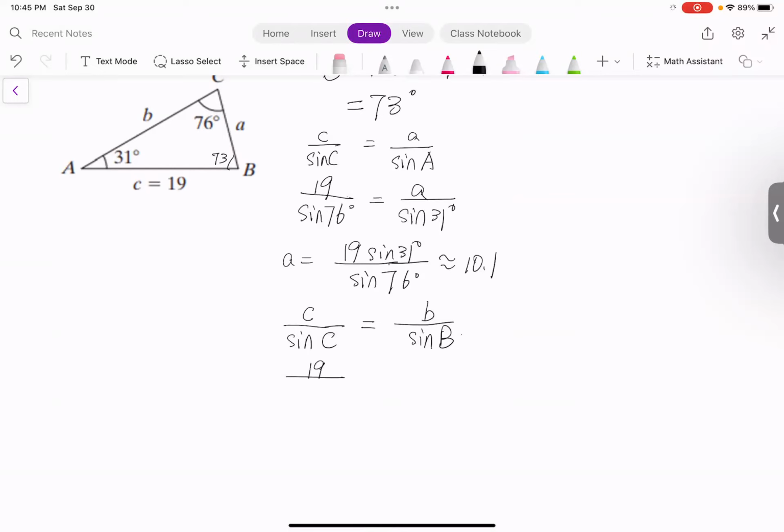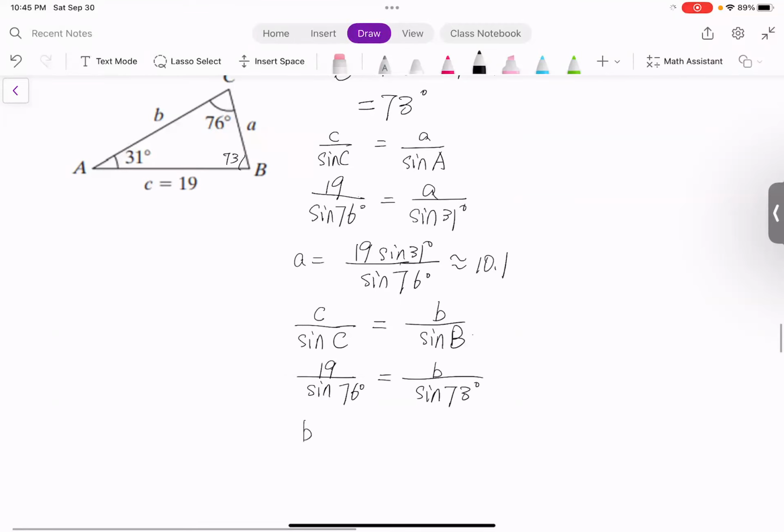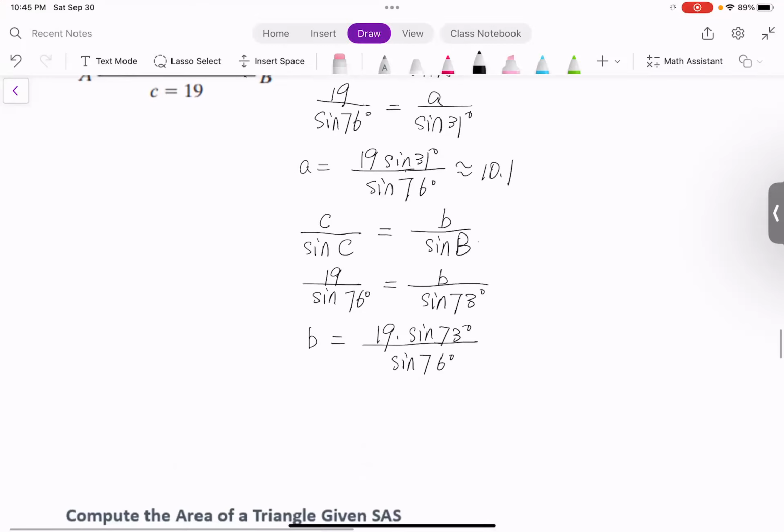That's 19 over sine 76 degree equals b over sine B. B is 73 degree, and to isolate b, multiply by sine 73 degree both sides. I have 19 sine 73 degree, all divided by sine 76 degree, and use a calculator to find the solution.